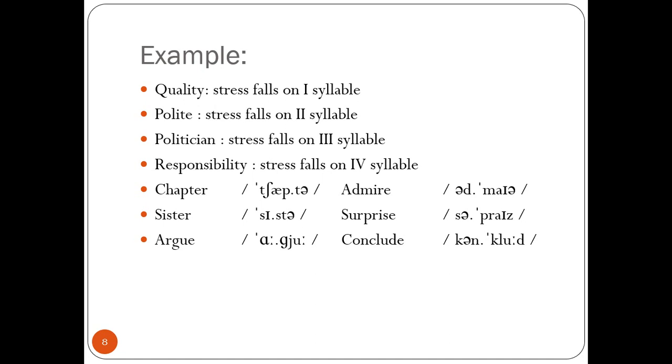Then we have politician, where it's the third syllable which is stressed. And then responsibility, where the fourth syllable is stressed. Likewise the rest of the examples: chapter, sister, argue, where the first syllable is stressed, and admire, surprise, and conclude, where the second or last syllable is stressed.